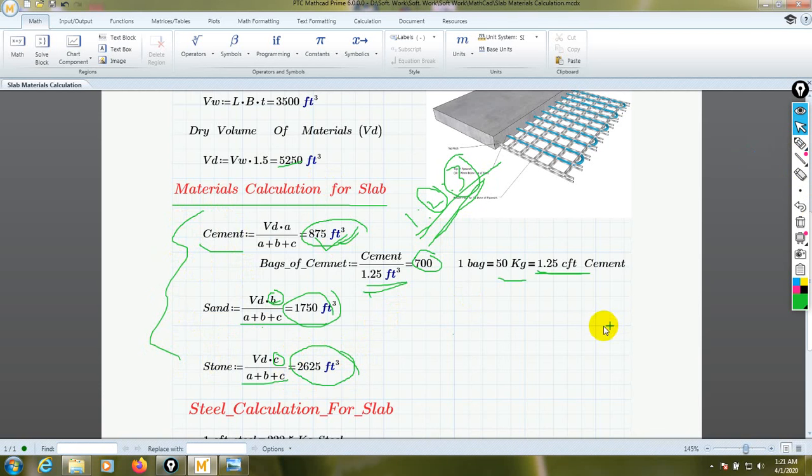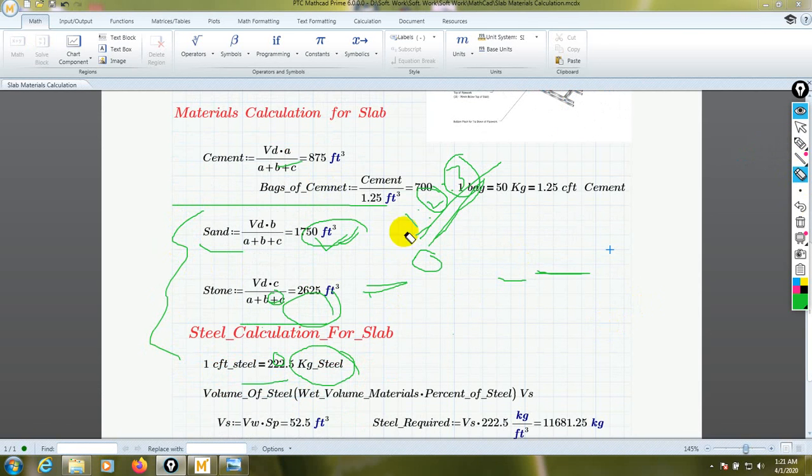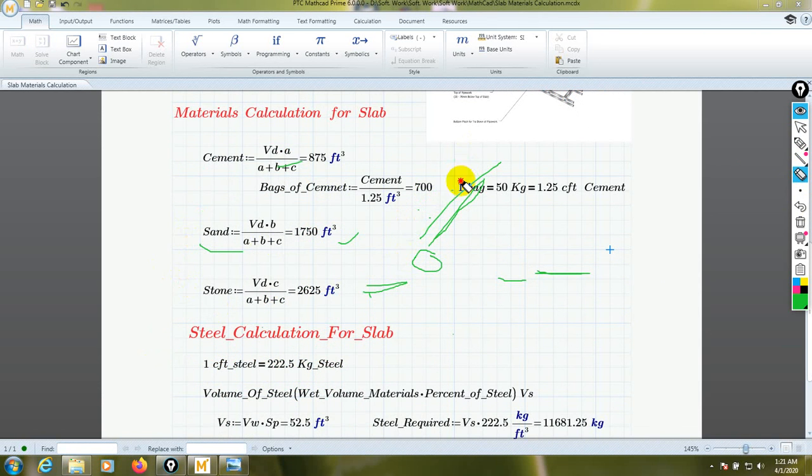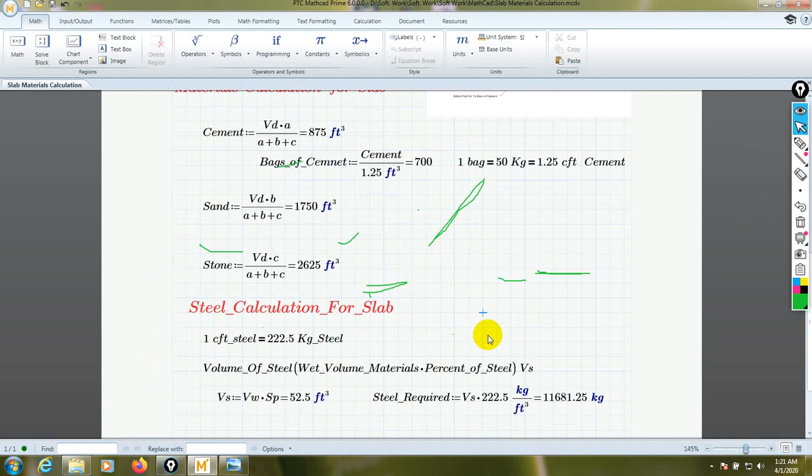After that, if we go down, we'll find our steel. Here is the steel calculation for the slab. To find steel, we have to know that the weight of 1 CFT of steel is 222.5 kg.